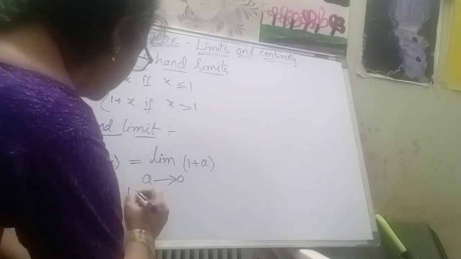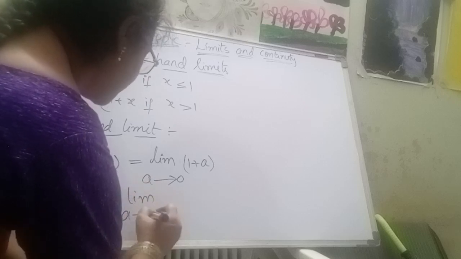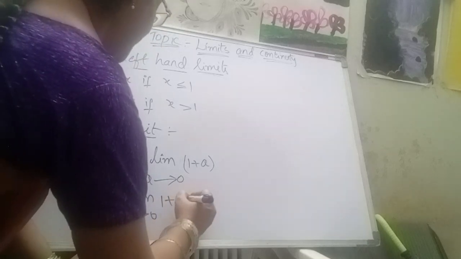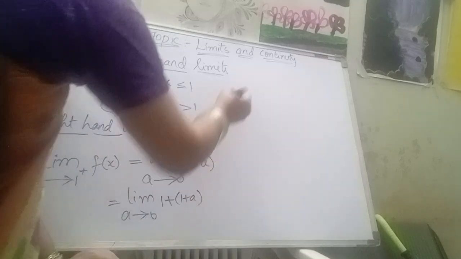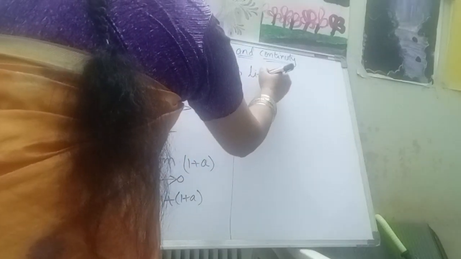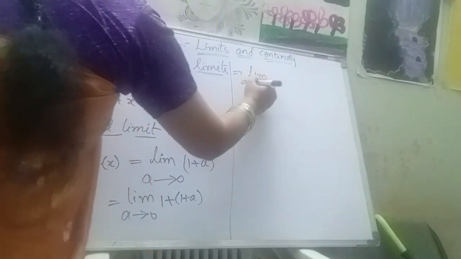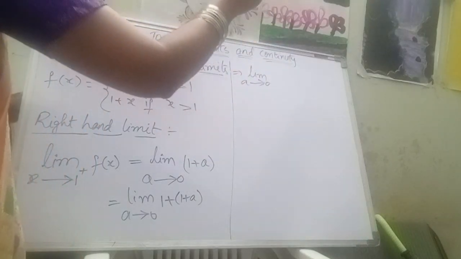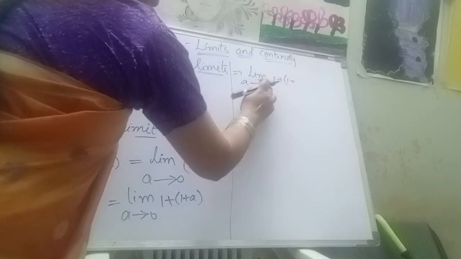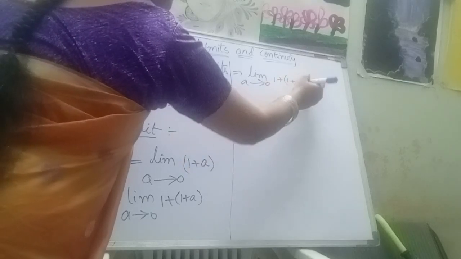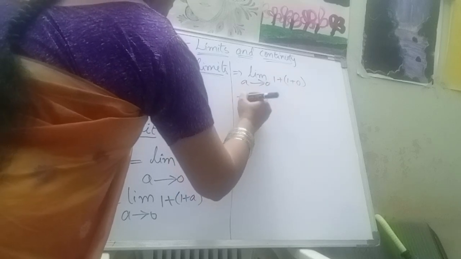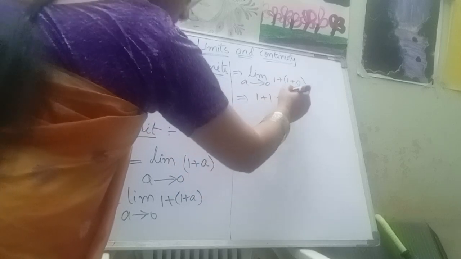That equals limit a tends to 0 of 1 plus 1 plus a, which equals limit a tends to 0 of 1 plus, and if you put 0 in place of a, you get 1 plus 1 equals 2.